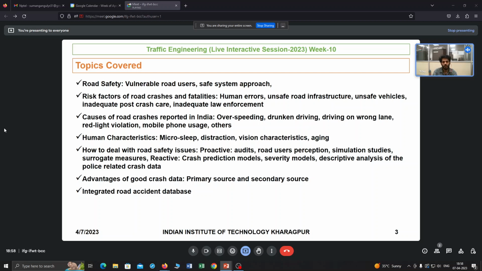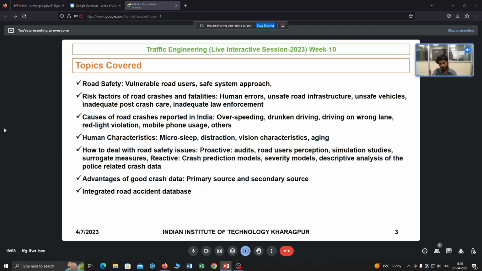These kinds of factors have a greater role in actually causing road crashes in India, especially with big vehicles like trucks and heavy vehicles. If their drivers have these kinds of issues, it is found to be catastrophic.